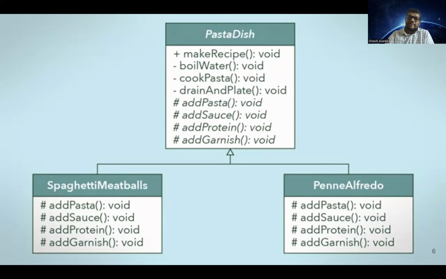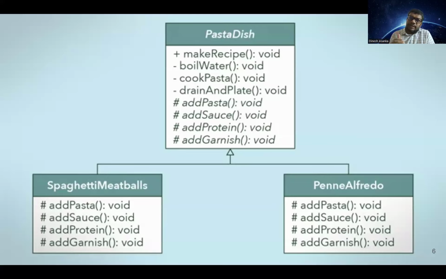Now, if you look at this class diagram, you will see boil water, cook pasta, drain and plate are the same for both of these types of pasta. Add pasta, add sauce, add protein, add garnish are different from one pasta to the other.